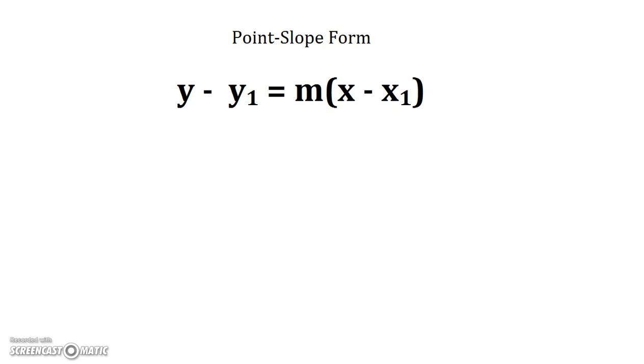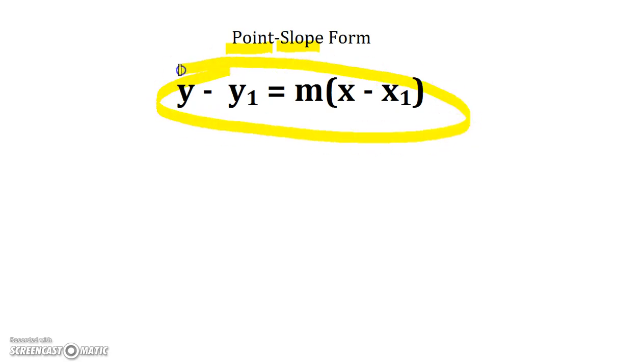Point-slope form is similar in that way, except we don't need to find the slope and the y-intercept. We need to find a point and the slope. And again, in the end, we're not writing the equation y minus y1 equals m times x minus x1.